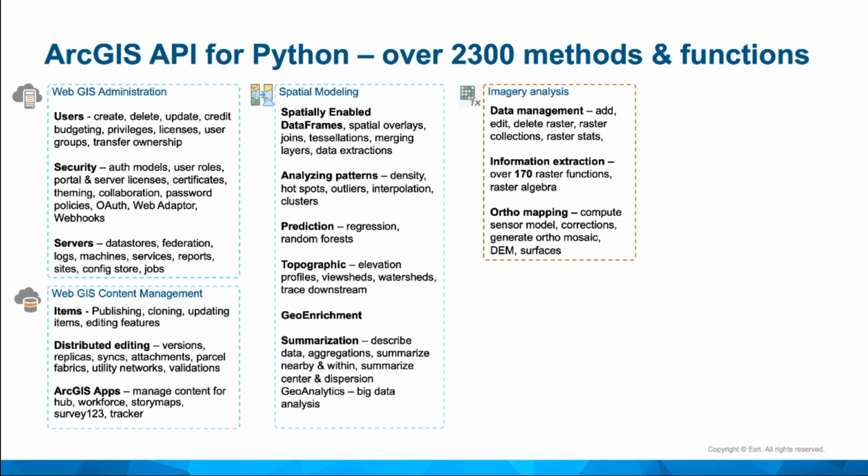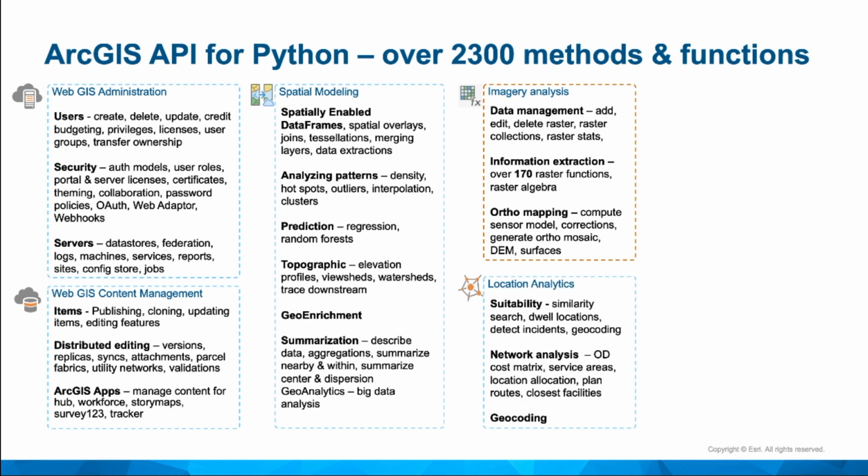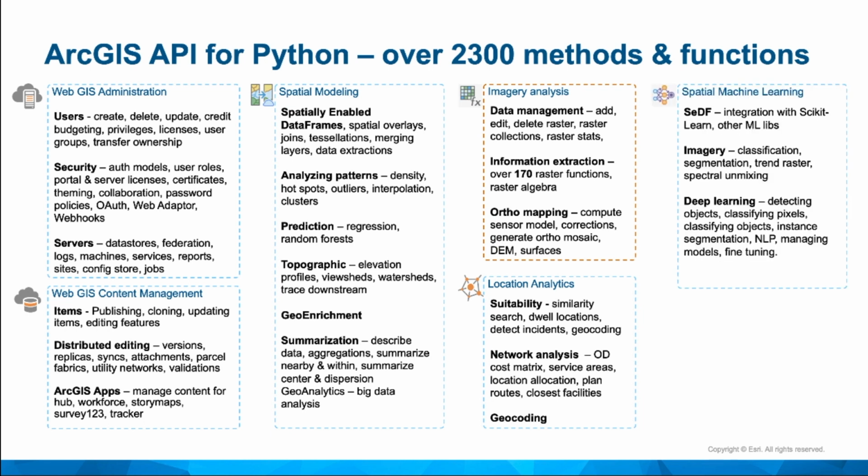You can perform imagery analysis, including managing your GIS data or imagery data, performing information extraction out of these imagery or raster products, and also working with specialized photogrammetric products to build outputs such as orthomosaics, surface models like digital elevation models, etc. You can perform suitability analysis or location analytics. You can perform drive time analysis using the network module. You can also perform geocoding analysis.